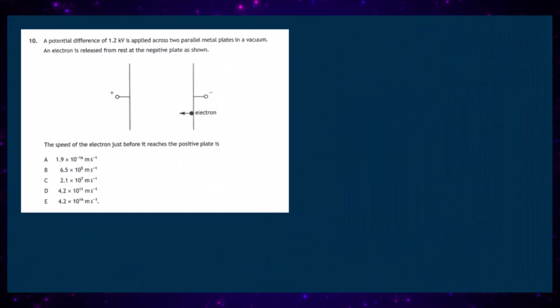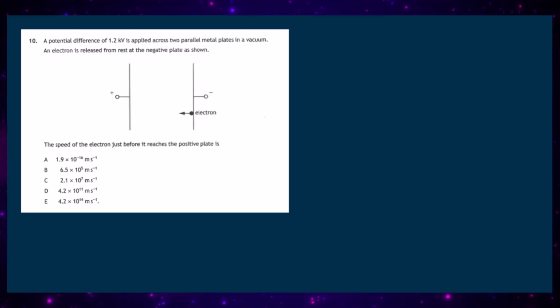Question 10. A potential difference of 1.2 kilovolts is applied across 2 parallel metal plates in a vacuum. An electron is released from rest at the negative plate as shown, and the speed of the electron just before it reaches the positive plate is, and we'll get 5 possible responses.